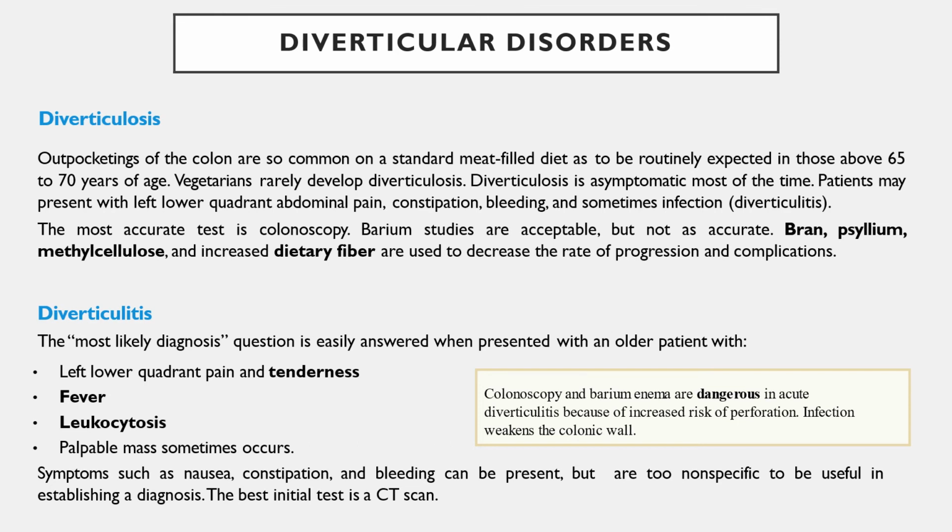Diverticulitis is the most likely diagnosis, which is easily answered when presented with an older patient with the following presentation. Number 1, left lower quadrant pain and tenderness. 2, fevers. 3, leukocytosis. And 4, palpable mass sometimes.